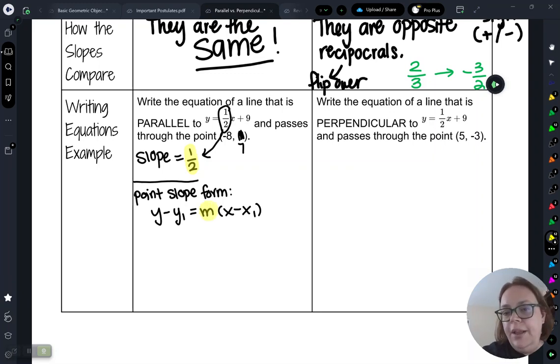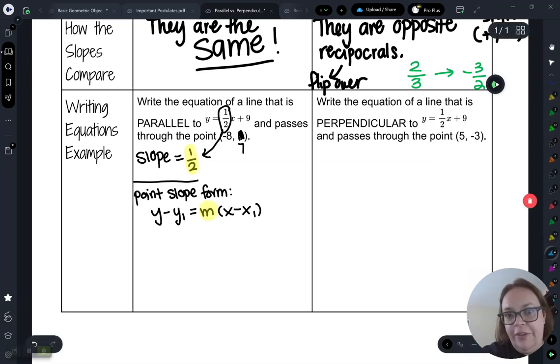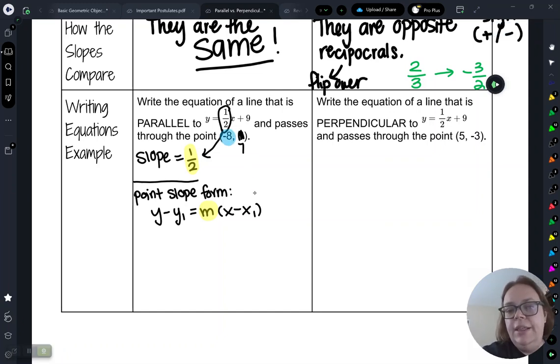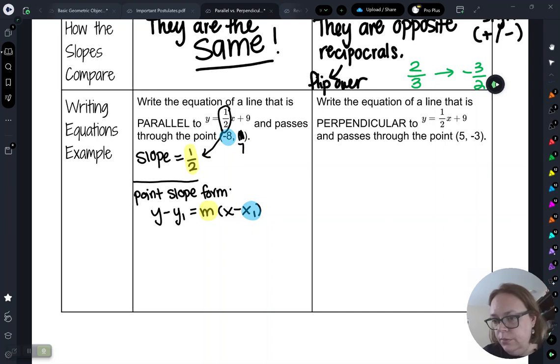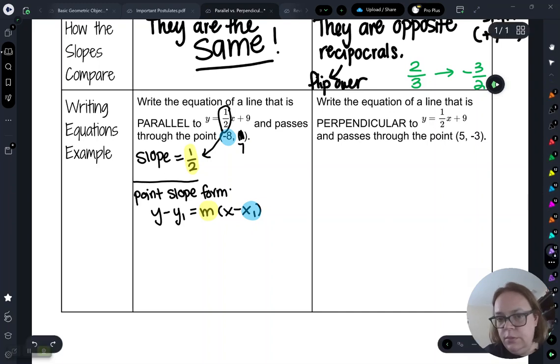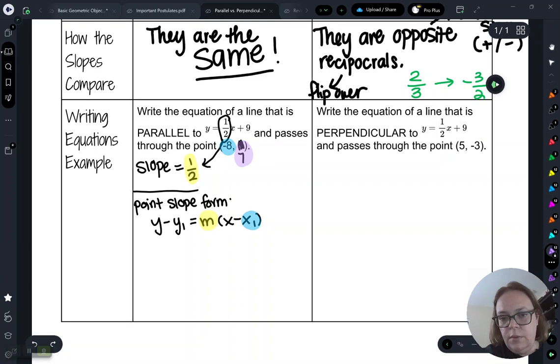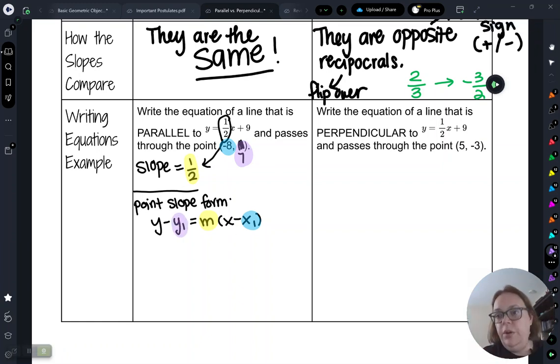And then we're going to plug in the point, the one that we fixed, with x1 and y1. So the -8 is actually the x1. And the 7, let me change the color here, is the y1. So we're going to substitute everything in there.